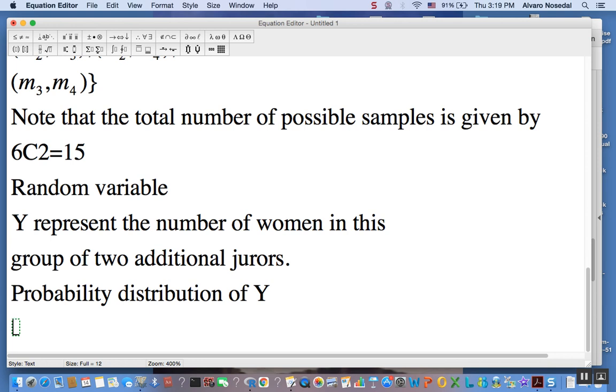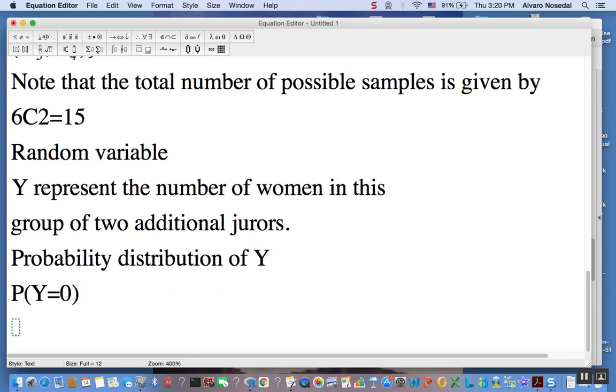So the results for that experiment would be 0 women included in that sample of size 2, 1, or 2. Okay, so those are the possible values for that random variable, and we want, as we said, the corresponding probabilities for each of those outcomes.